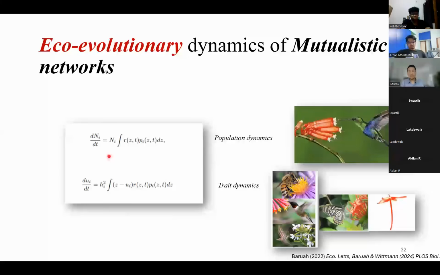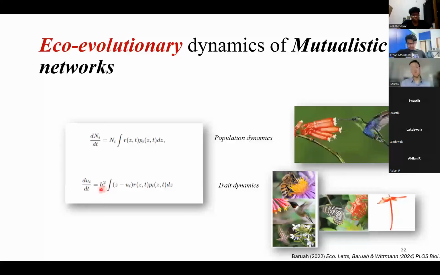So now what we do is model the population dynamics. You integrate over the whole trait space of a particular phenotype, and this gives you the population dynamics. Earlier, ecologists only looked at this ecological dynamics. Now what we are doing is that we also look at the dynamics of the mean phenotype, where h square is the heritability. So basically how similar your offspring are to your parental generation.